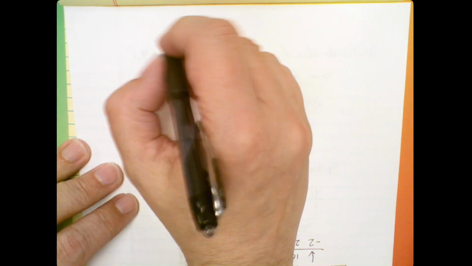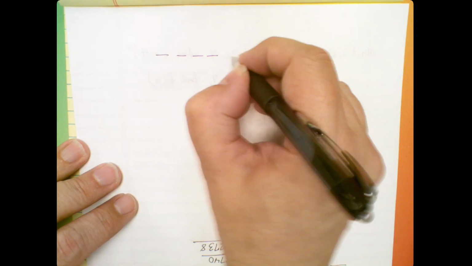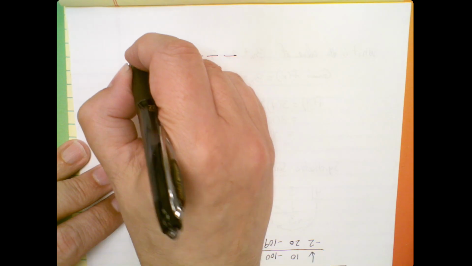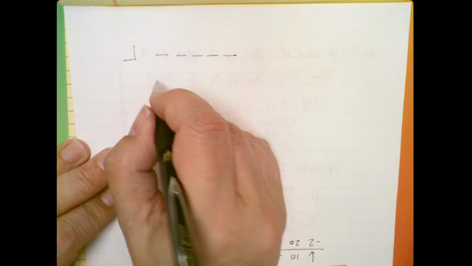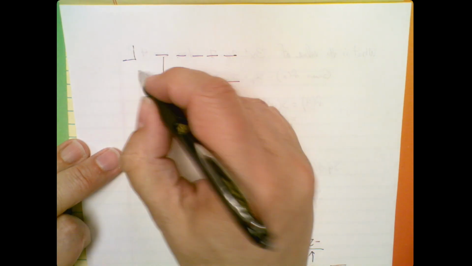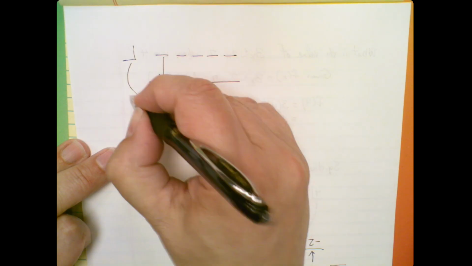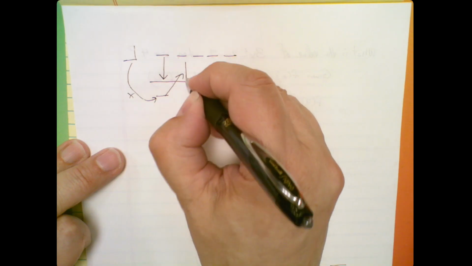We have a polynomial, and it's got coefficients, and we put down those coefficients in a row. Over here, we put down the number we want to evaluate the function at. We drop down our first coefficient, and then we multiply and we add.